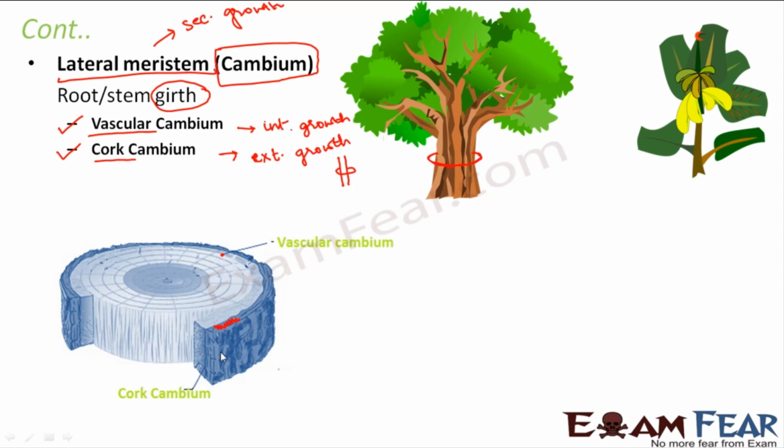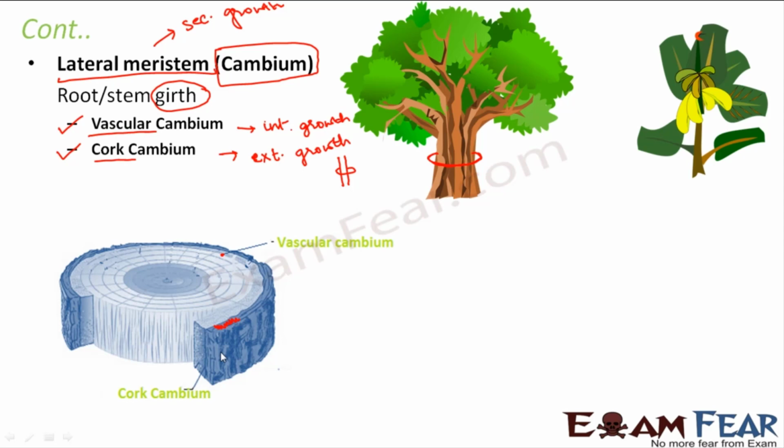Right? So I hope you understood the three types of meristematic tissue. What are the three types of meristems? The first was apical meristem, which is present at the apex and it causes primary growth, that is, it causes increase in length. Second was intercalary, which is present at the internodes and it results in branch formation at the nodes.